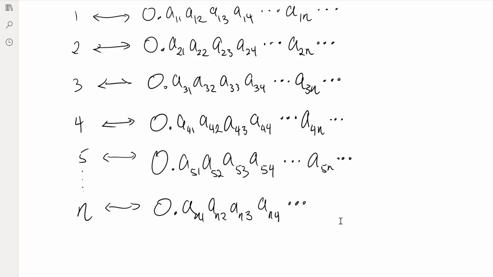Right? It goes on to eventually up to the nth value in the list and the nth digit. Right? So the nth digit in the nth row, and that would continue. So looking at this n right here, this is the nth digit of the nth row. Right? So that's what that term represents.